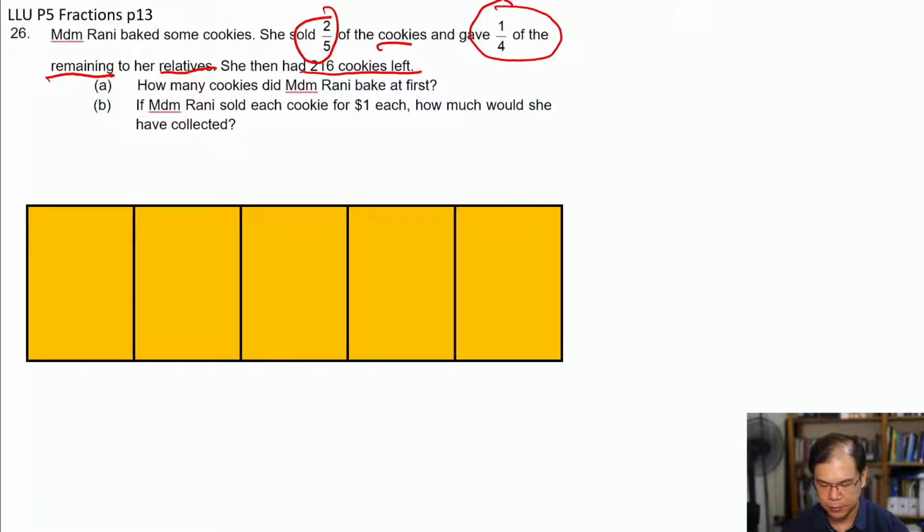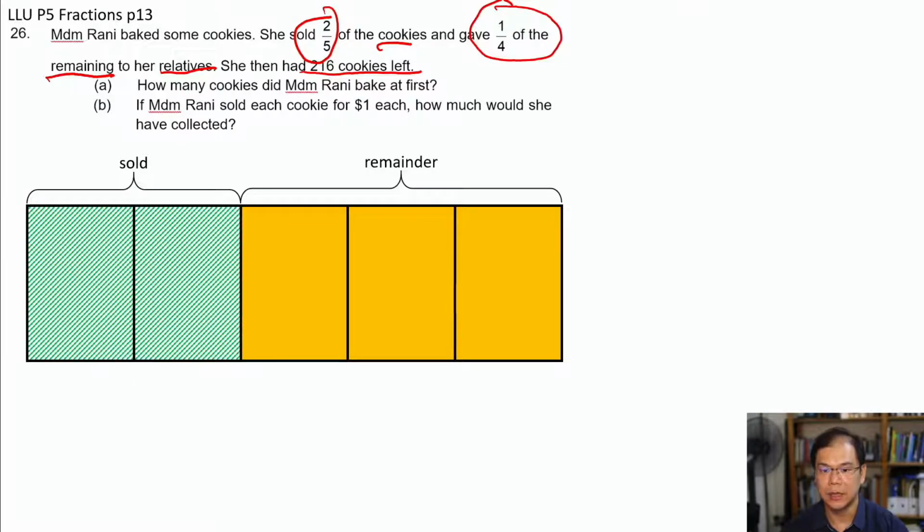Okay. 2/5 sold. 3/5 of the cookies remaining, right? So I color the sold parts in green first, and then how do I show 1/4 of the remainder?